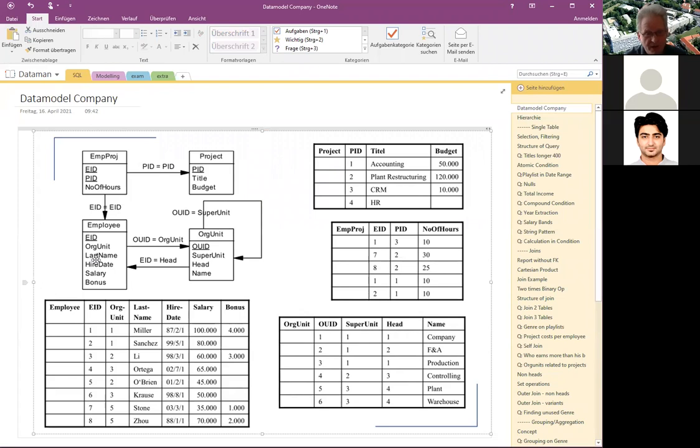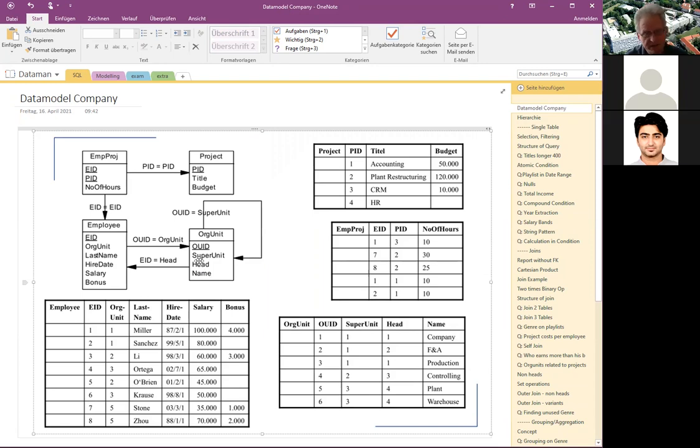Namely, we have a foreign key from employee to org unit, and we have a foreign key back from org unit to employee. That's also perfectly okay for a relational data model, to have it between two tables, the one way around and the other way around.